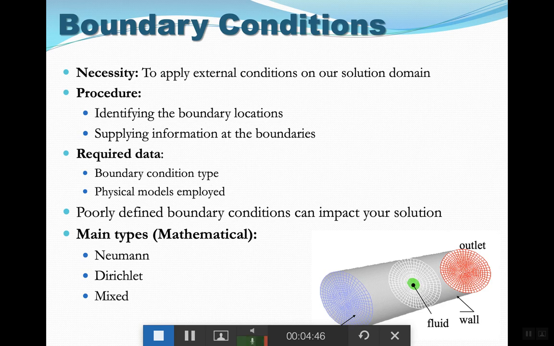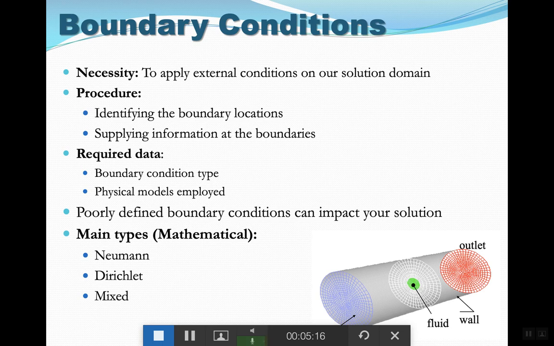So boundary conditions, as we said, are necessary to apply external conditions on your solutions. The procedure for defining boundary conditions is twofold. First, you have to identify the boundary locations, which are basically the surfaces encircling your control volume.